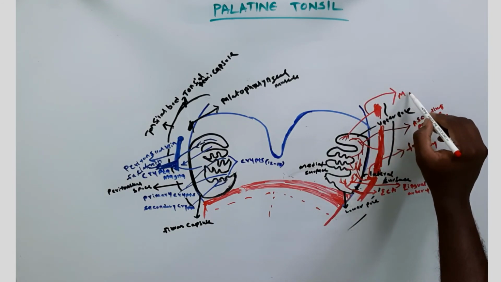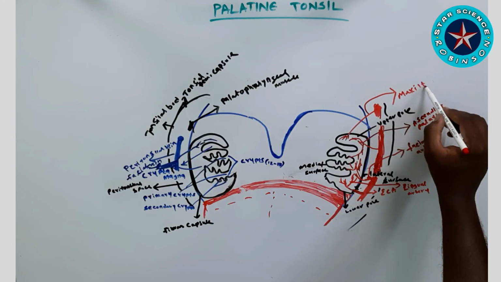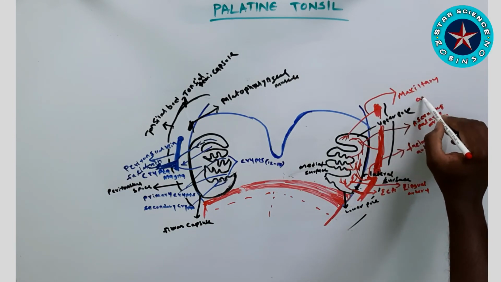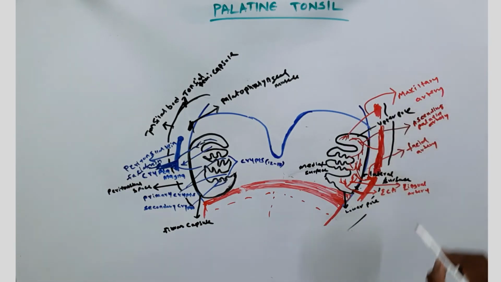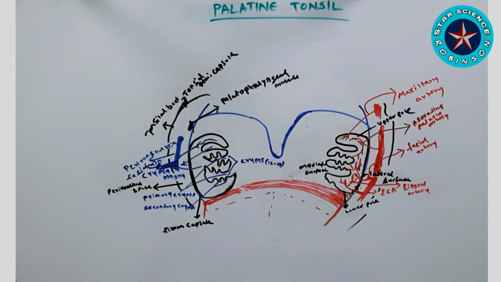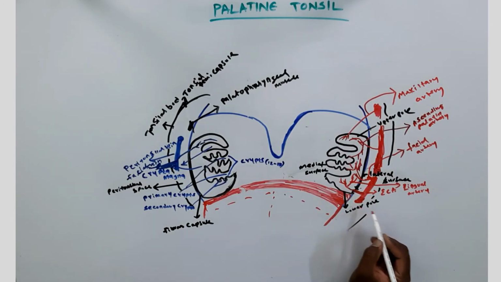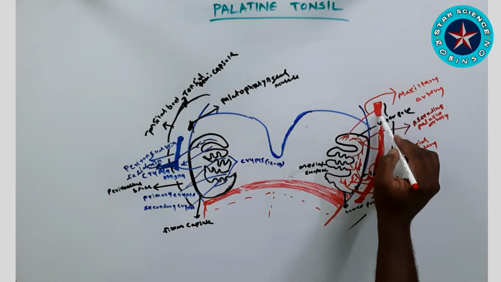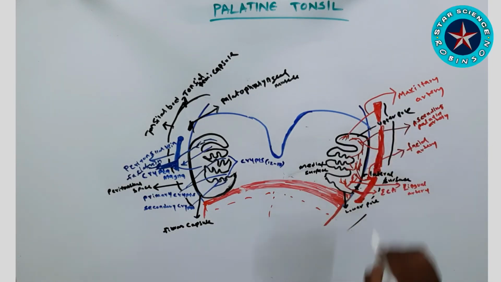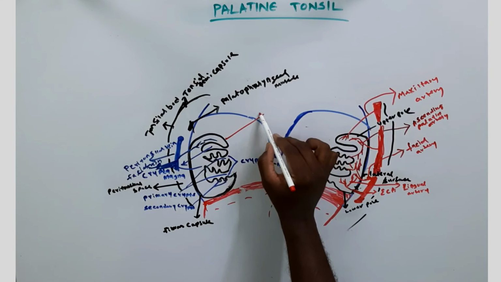From the maxillary artery you will have branches to the upper surface of your palatine tonsils. So these are the blood supplies to the palatine tonsils. Just remember the names of the blood supply to the palatine tonsils as shown in the diagram.